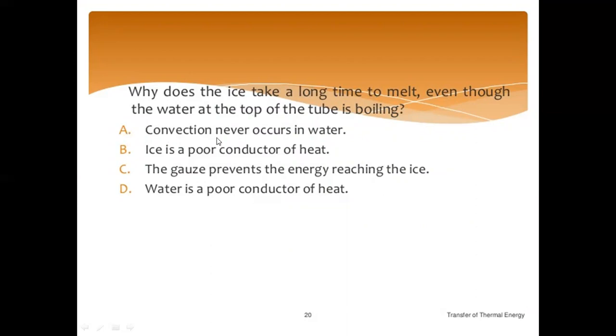A, convection never occurs in water. Ice is a poor conductor of heat. The gas prevents the energy reaching the ice. Water is a poor conductor of heat. So as you see, based on the experiment, water is a poor conductor of heat. So the answer is D.